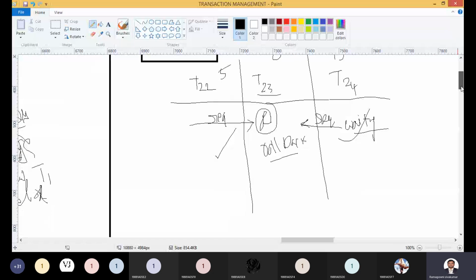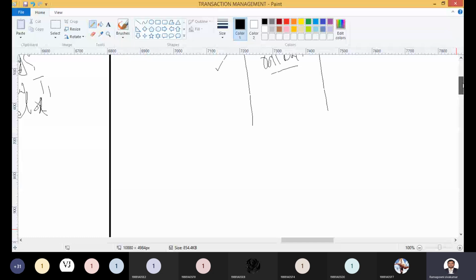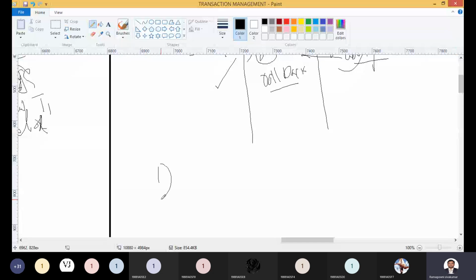Based on the conditions, I'm going to explain. First condition: the timestamp of T1 is less than the timestamp of T2.